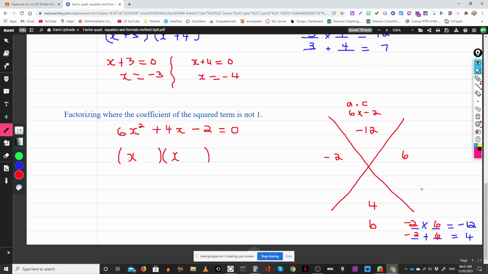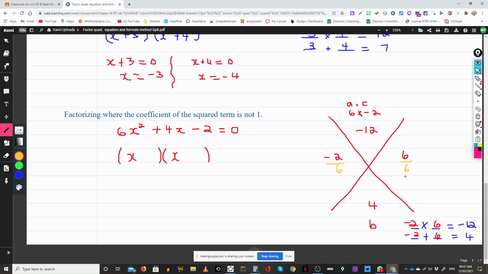Alright, let's continue. The next step, we will take our A term, which is 6, and divide each one of these by our A term. Our A term is 6, so we're going to write that over 6, and we're going to write this over 6.